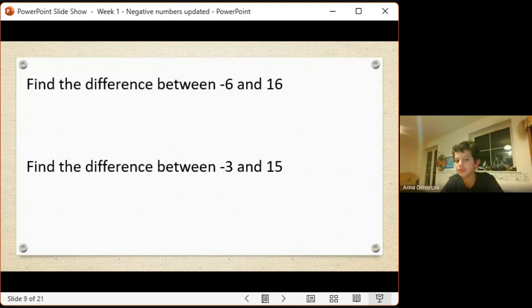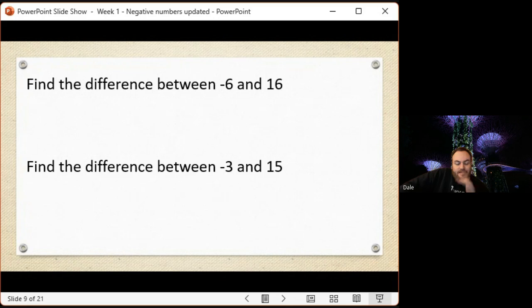The difference between -6 and 16 is that 16 is 16 and 6 is -6, and 16 doesn't have a minus. Right, I know that that's the difference between the 2 numbers on your screen, okay?